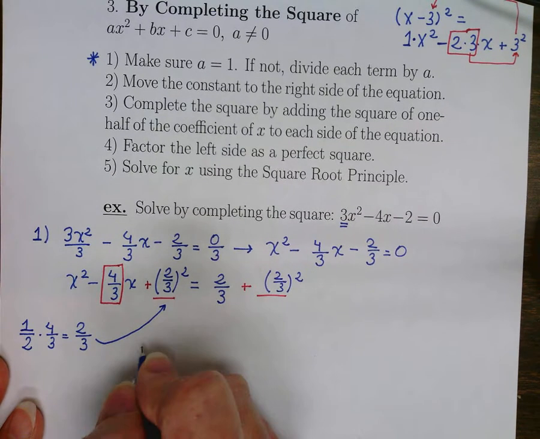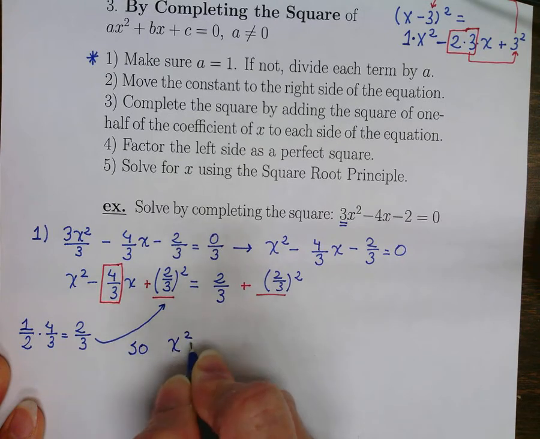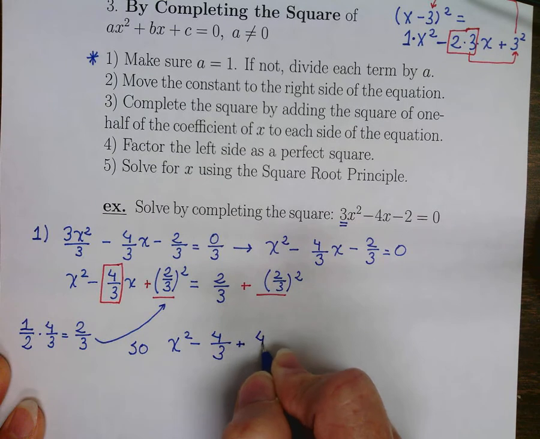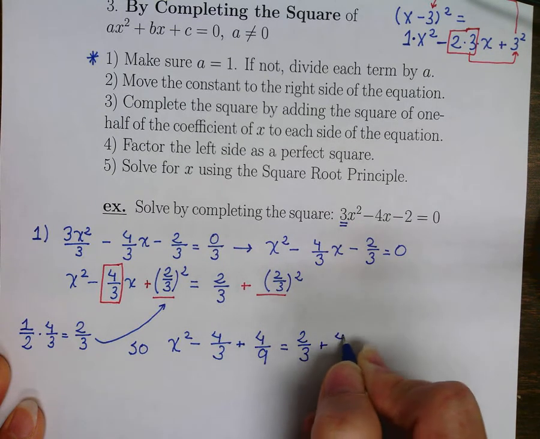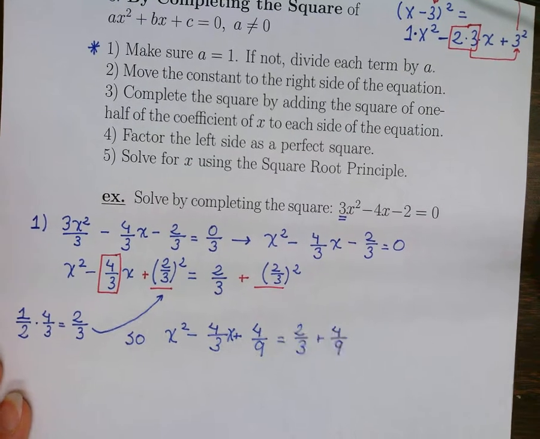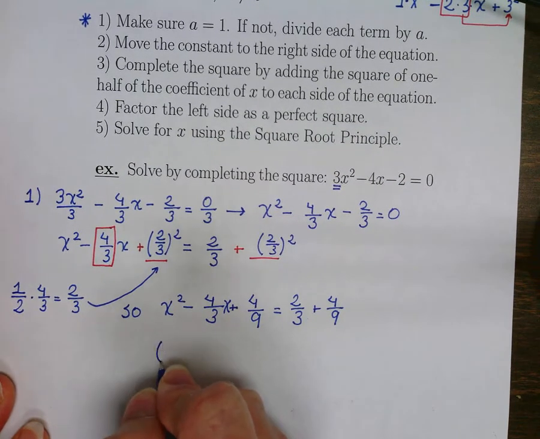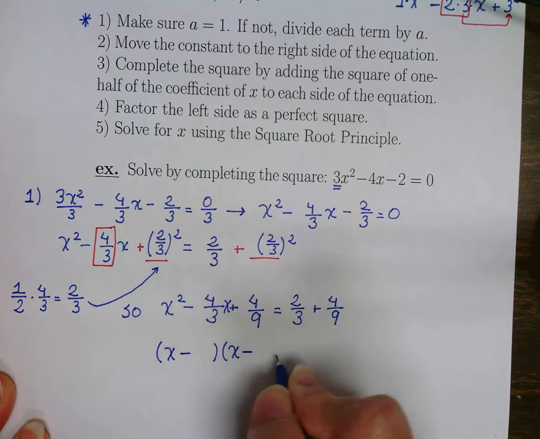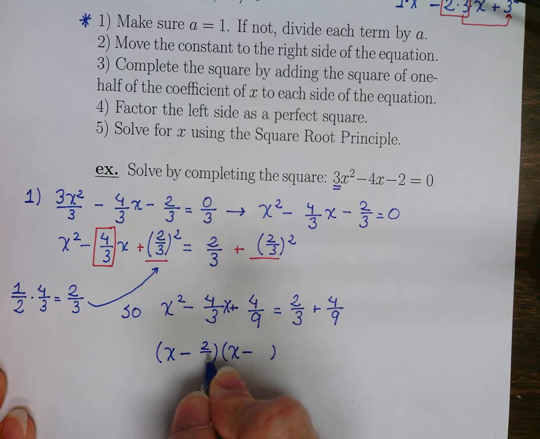Okay, so now I have the equivalent equation, and I forgot to multiply that by x. Okay, now why did I do that? Because the left-hand side will factor. And to emphasize that, I'm going to just take the square root of 4/9.